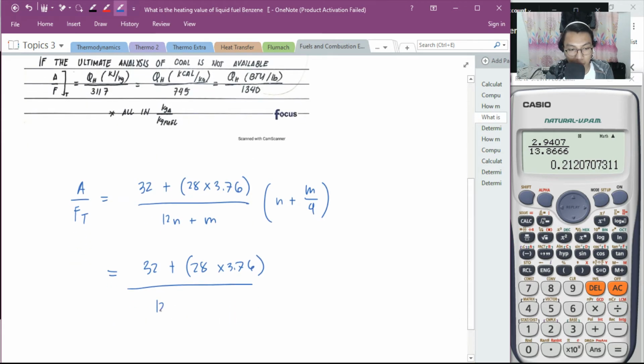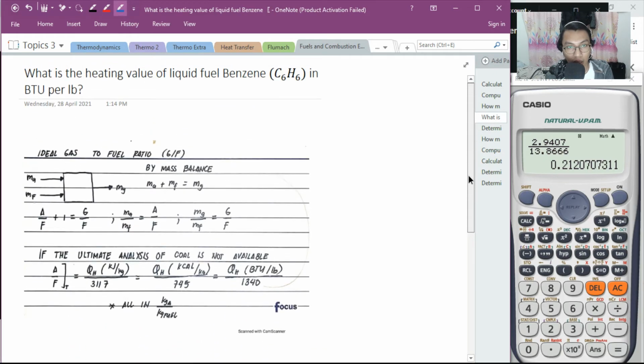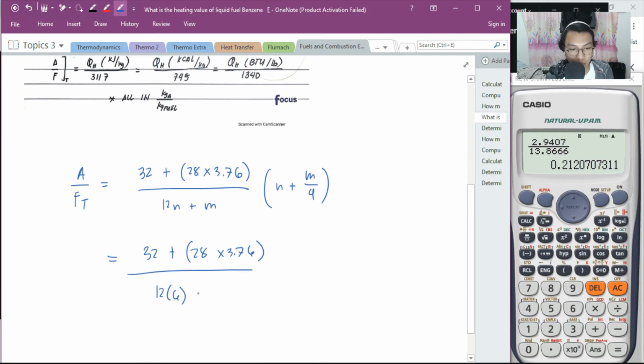Ano yung 12N? Yung N dyan is 6. Benzene nakalagay. Benzene, H6 plus 6 multiplied to 6 plus 6 over 4.